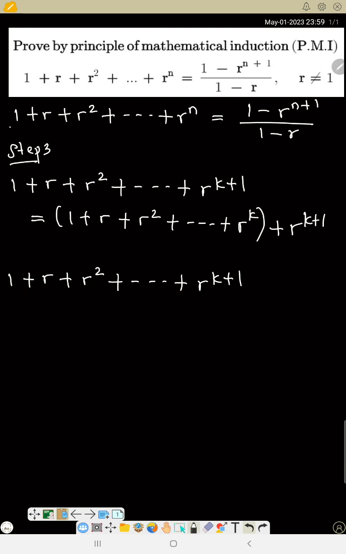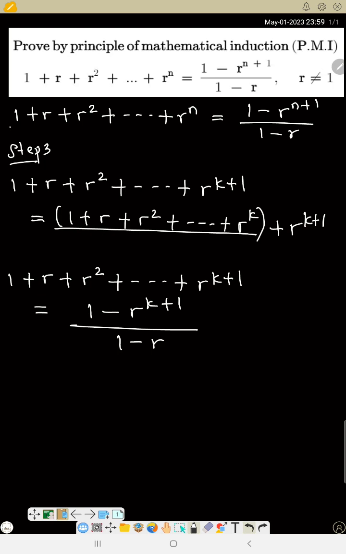So next step now, all the series here, the expression here is this result now. So that means this will become 1 minus r raised to power k plus 1 divided by 1 minus r. So that will be the sum of this series, which is this.